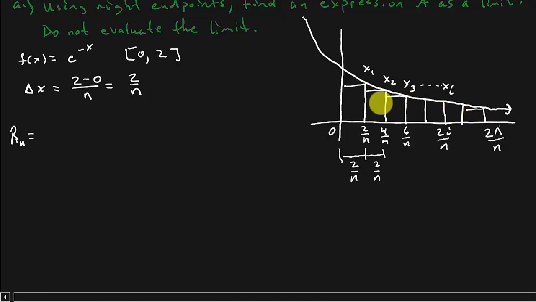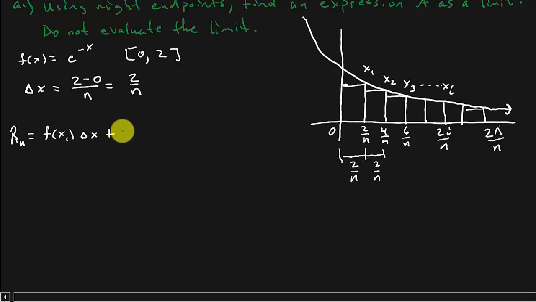So it's what? f of x1. I need the height of this rectangle, f of x1. So it's f of x1 times what? Times the width, times delta x, right? Yeah, I know I haven't put anything in yet. I'm writing the formula out.